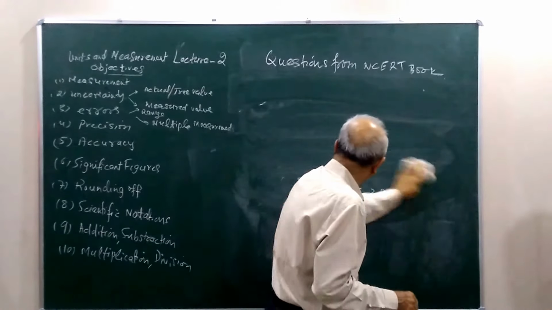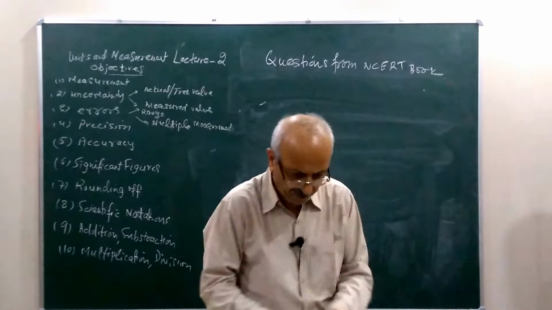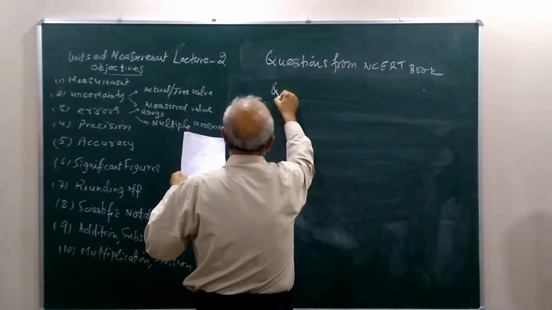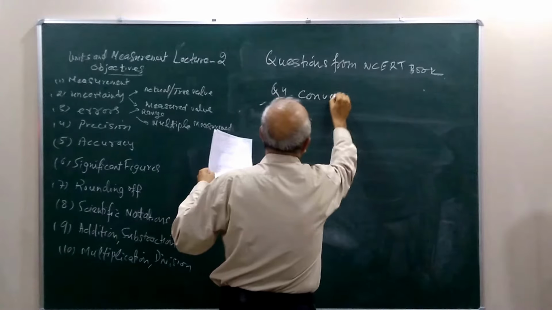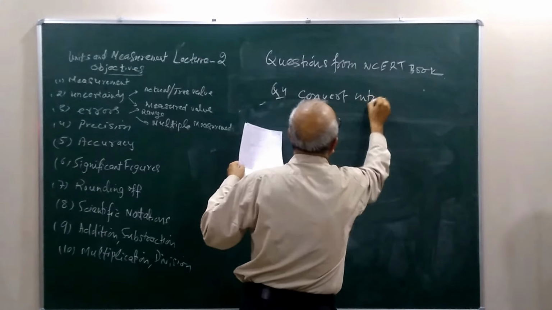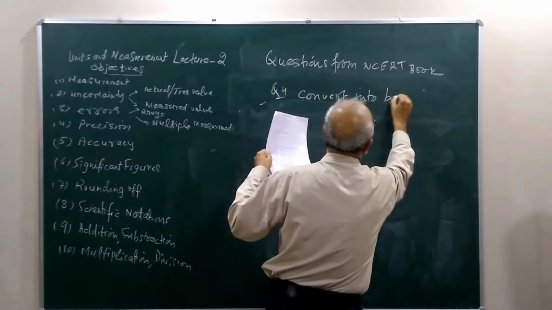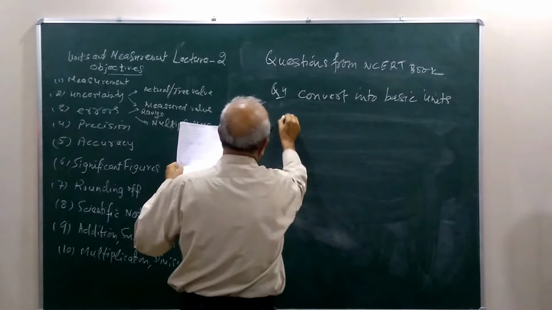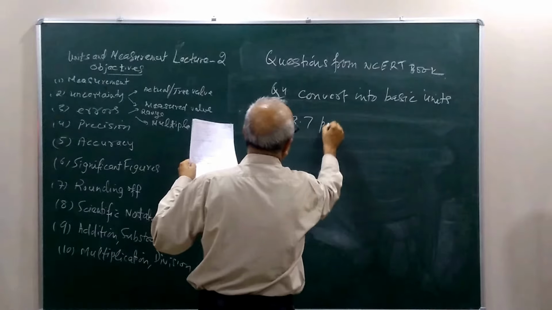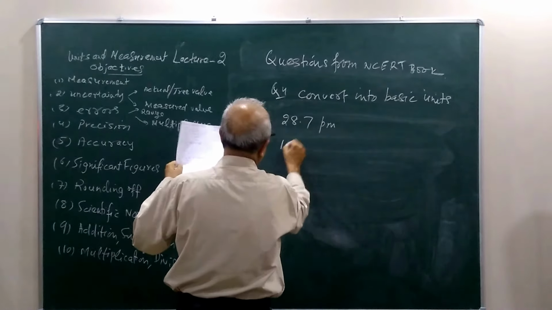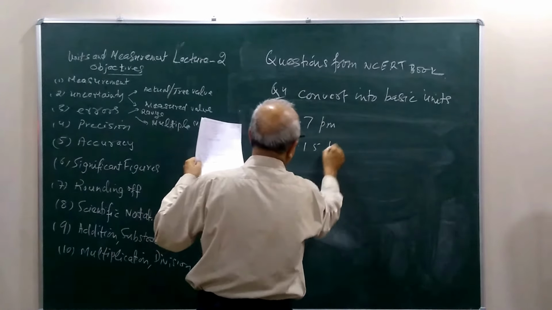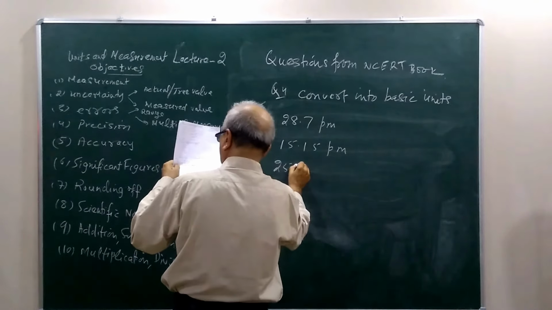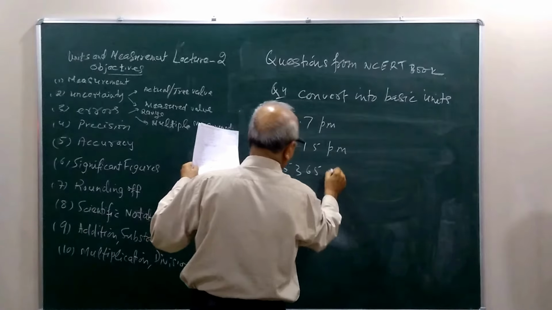Let us see another question. Question 4. Convert into basic units: 28.7 picometer, 15.15 picometer, 25365 milligram.